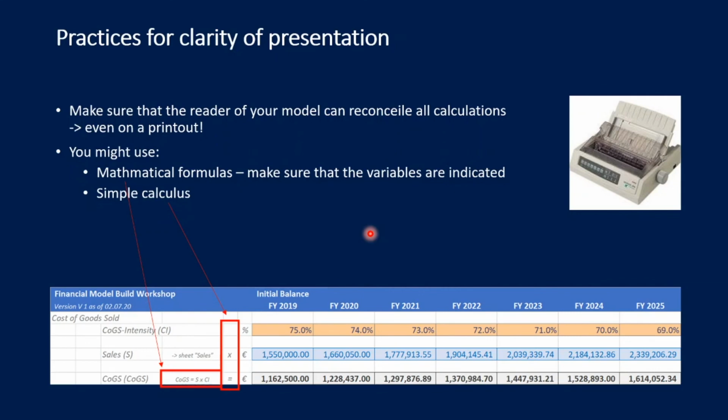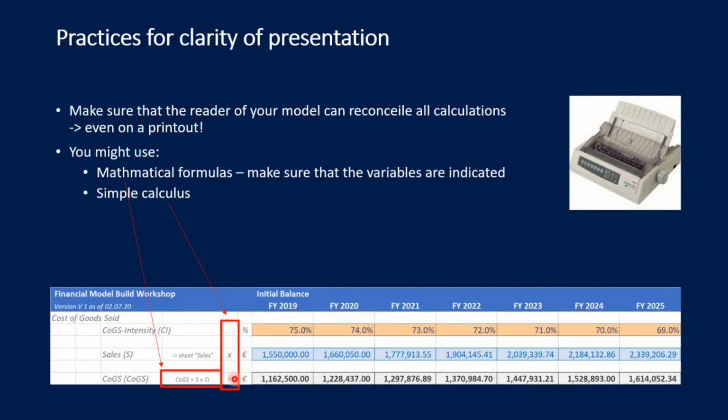There are several ideas how to do that. You can use mathematical formulas just like here. The cost of goods sold equals S, which is sales, times CI, which is the cost of goods sold intensity. And so you use a mathematical formula to make the calculations understandable.